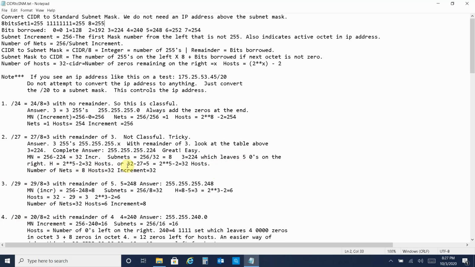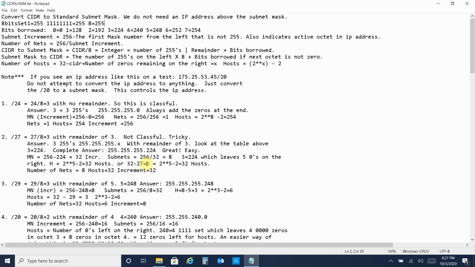Okay, an easier way to do this. This is just a formula. You take 32, always the number 32, and you minus the CIDR. And that will always give you the correct zeros at the right. This is easier, I know, I'm just saying there's 2 ways to do it, using your intuition.